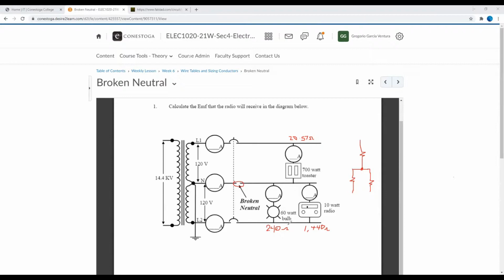We are going to use the product over the sum, so 240 ohms times 1440 divided by 240 plus 1440, or you can use the reciprocal formula. That's going to give me the total ohmic value for these two branches.